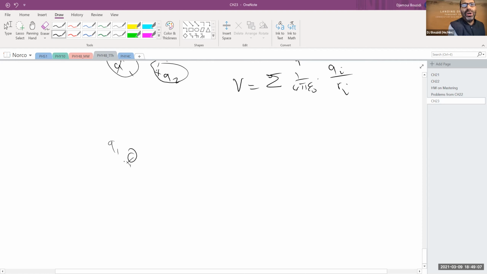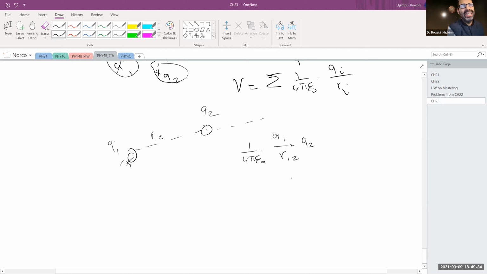Now, if I want to bring another charge, Q2, and put it next to it at this distance, which I'm going to call R12, then I will need an energy, and this energy is clearly equal to 1 over 4 pi epsilon naught times the potential at this point, which is Q1 over R12, times Q2.